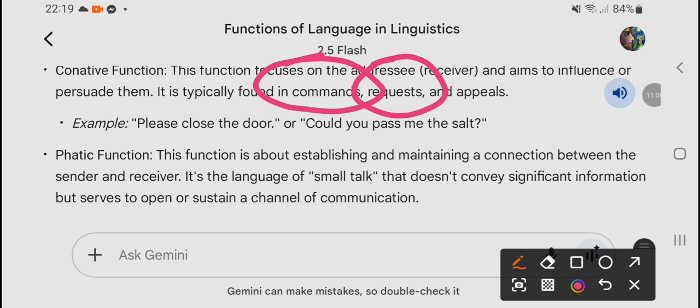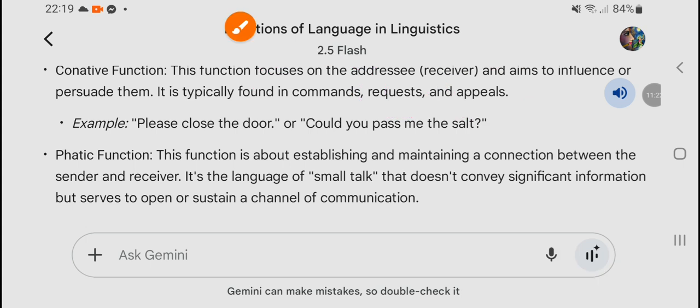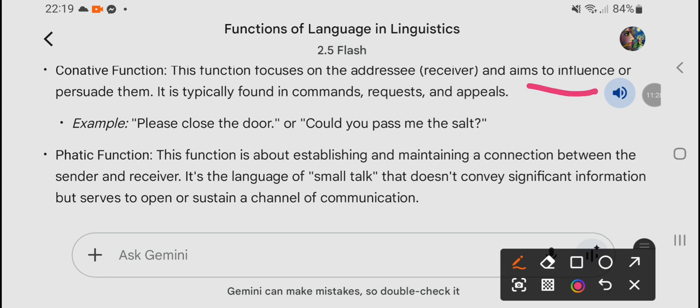Request: please give me a glass of water. And appeal: please don't go there. So my focus is on the receiver, the addressee, whom I'm addressing. And then I think he will be influenced, or persuaded, he will obey me, right? Please close the door. If I am telling you, then you will close the door.